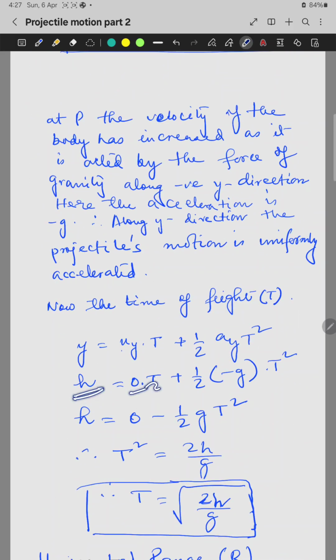In place of uy, it is 0 multiplied by the time of flight, and in place of ay again minus g multiplied by t square. So that gives us h equals minus half g t square. If we take only the magnitude, t square will be 2h by g and t will be root over 2h by g.